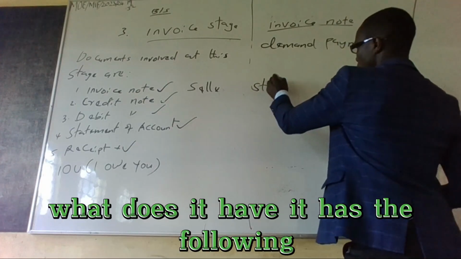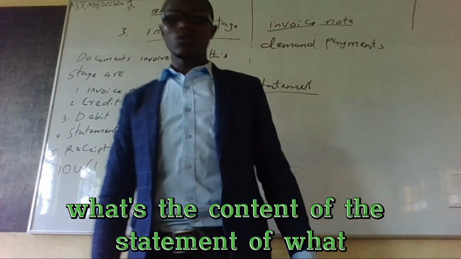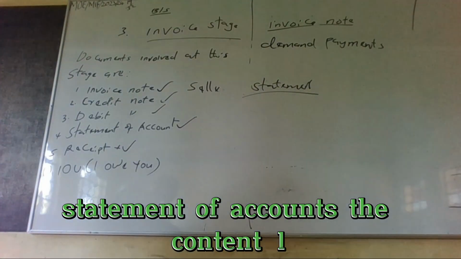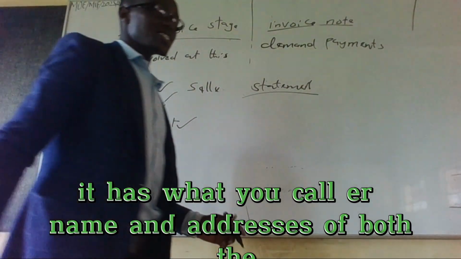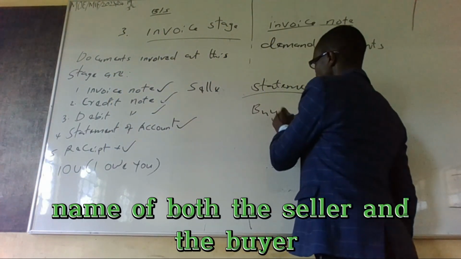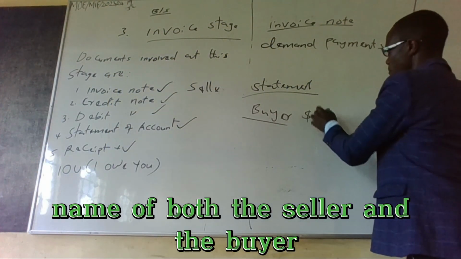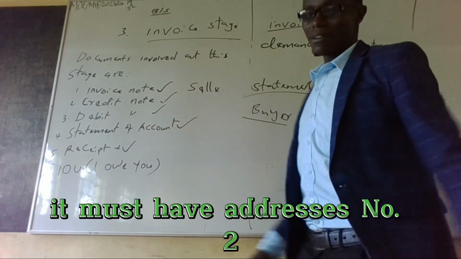Statement of accounts. What does it have? What's the content of the statement of accounts? 1, it has the names and addresses of both the seller and the buyer. It must have addresses.